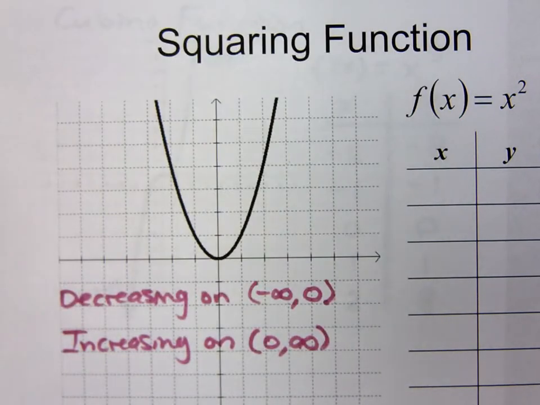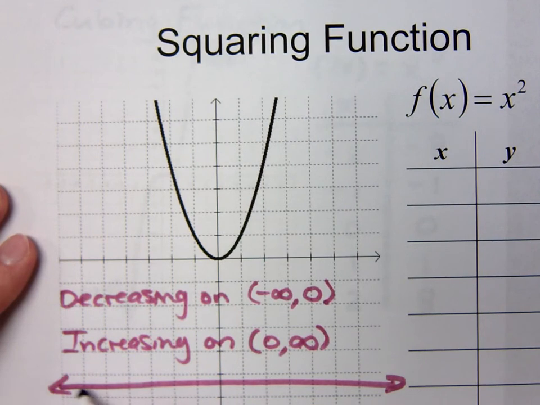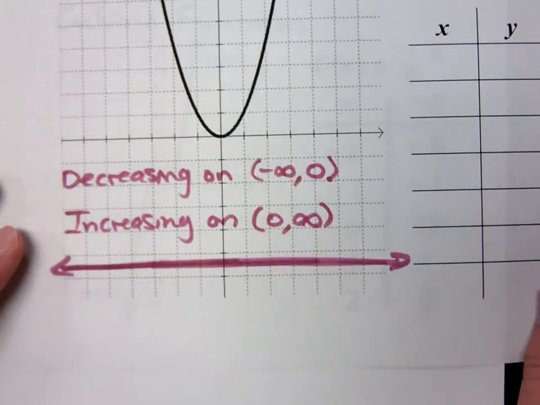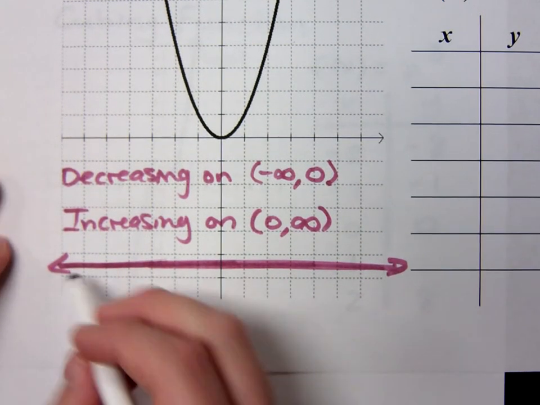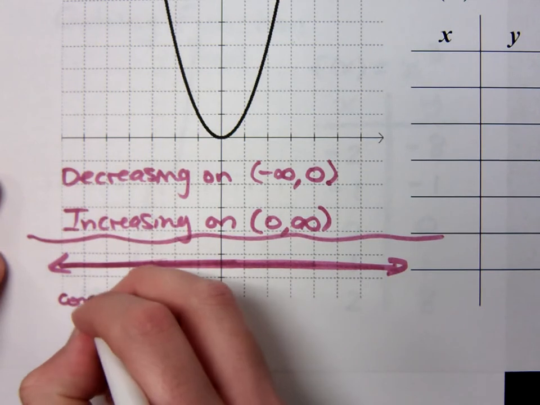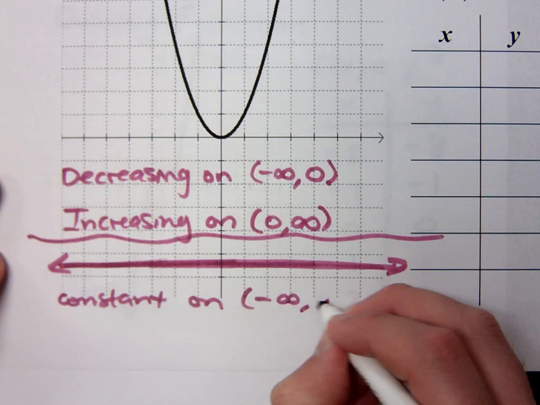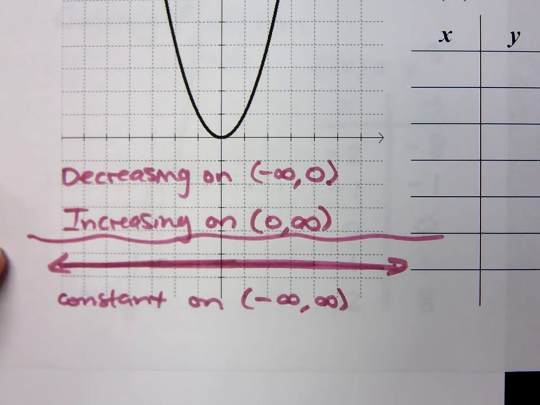What if I had just this line right here? It should be completely flat. Is that guy increasing or decreasing? Neither. So you could say this guy's constant. It's a constant function.